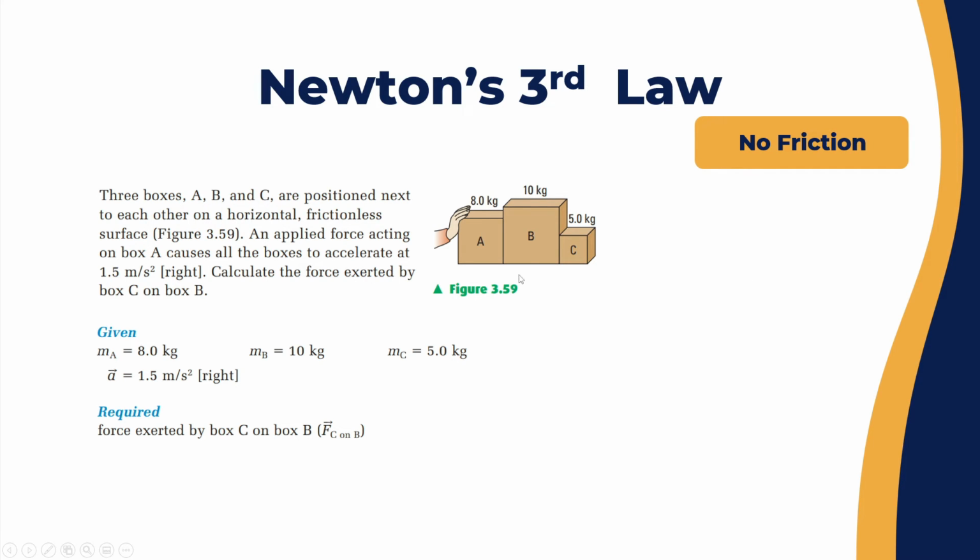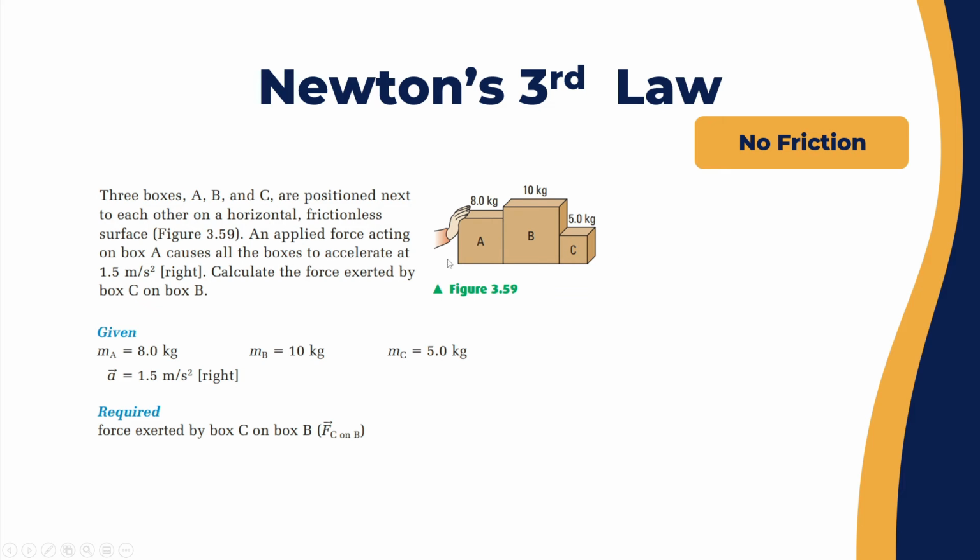We have box A, box B, and box C. They are positioned next to each other on a horizontal frictionless surface. An applied force by hand acting on box A will cause all the boxes A, B, C to accelerate at 1.5 meters per second squared to the right. It is asking to calculate the force exerted by box C on box B.